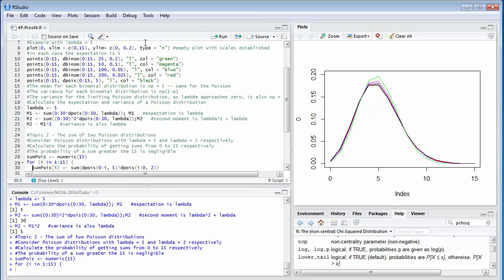And then going from 1 through 15, what I will do is take the sum of the probability of getting a certain value from a Poisson distribution with parameter 5 and multiplying that by the probability of getting the corresponding value going from I down to 0 from a Poisson distribution with parameter 2.